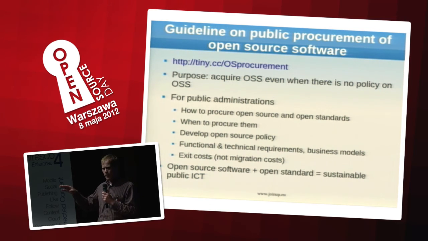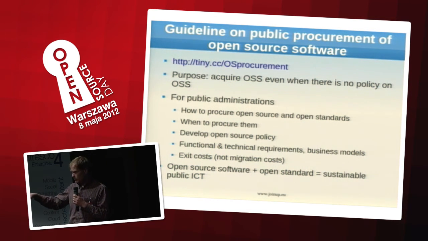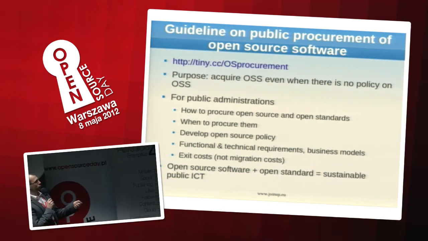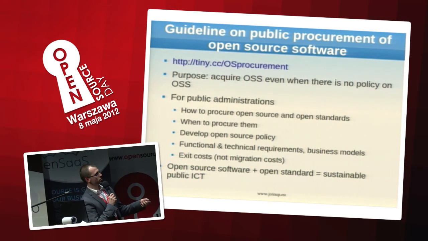Suppose that was €1 million; you should have added that to the bill of the proprietary software supplier when you procured the solution, saying, it's going to cost me €1 million to get rid of you, so I'll add that to your sales price. It's that kind of argument that documents like the Open Source Procurement Guide will help you prepare for your own IT department and for your own politicians. The document is 40-something pages, and I really advise you to read it. The link is up there.